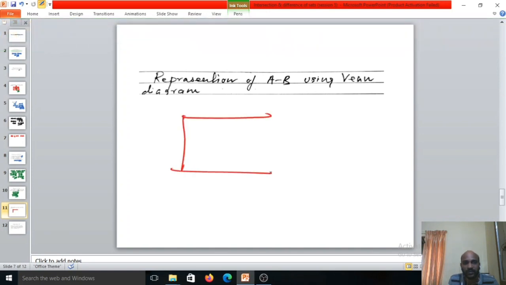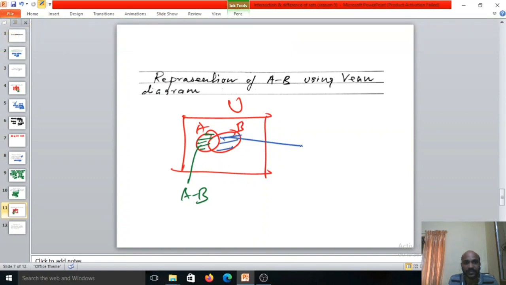You have to draw the universal set, then two sets, A, B. Elements in A not in B, which portion do you have to shade? Elements in A not in B means this is the portion. This portion is A minus B. Now what about this region? This one is B minus A.